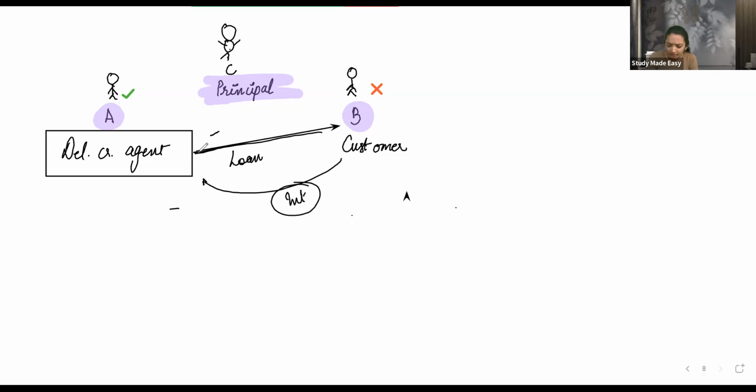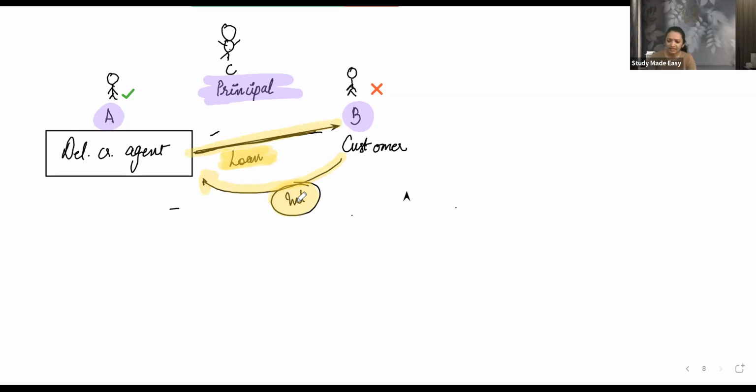So this del credere agent is providing the customer a service. You are unable to pay, I am giving you the loan. Transaction in money is not liable to GST because it is neither goods nor service, but he is charging something for that money, and this is liable to GST because it is considered to be a service. Do you remember that from the definition?